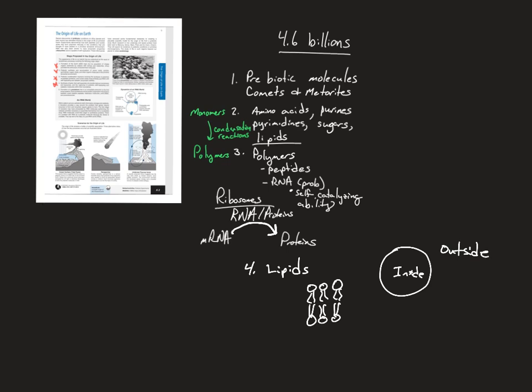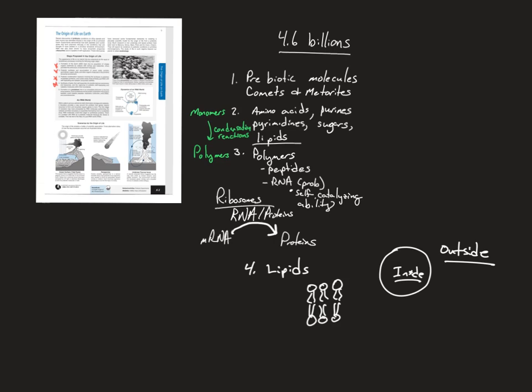More likely it was a micelle or something like that, which allowed inside function to be different from outside function. So the environment inside could be different from the environment outside, which allowed life to really get a good jump start when it was ready to start.